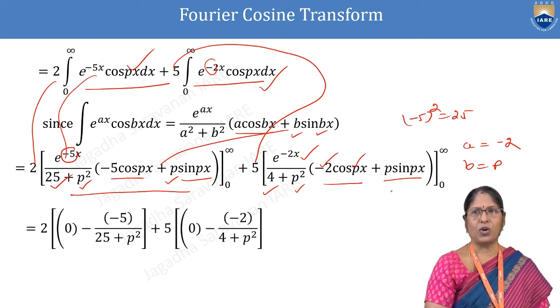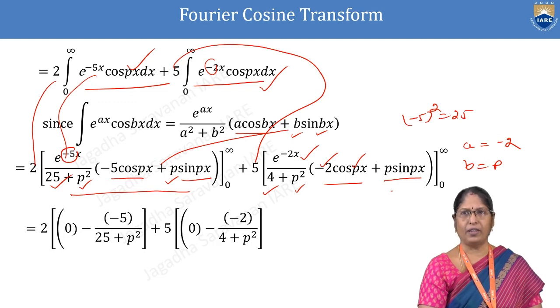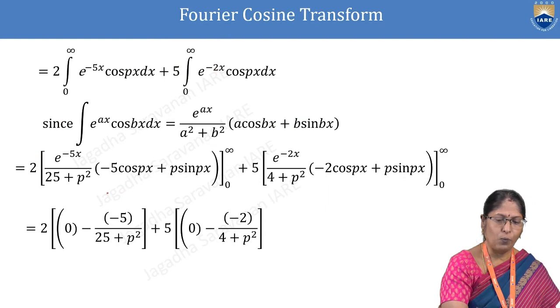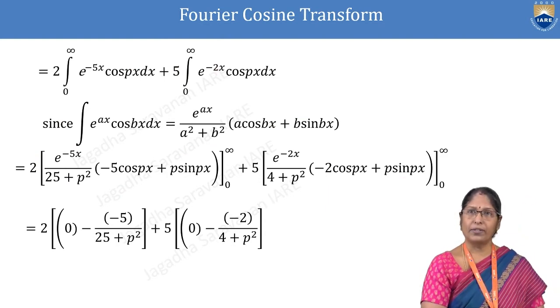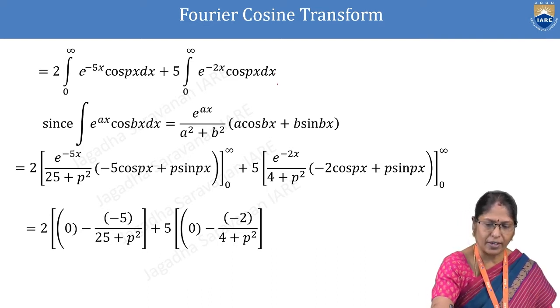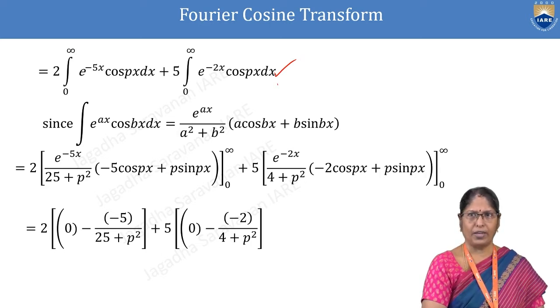Now we have to apply the limits. Upper one is infinity, the lower one is 0. In which place, p or x, do we substitute? Compulsorily in the place of x, because we did the integration with respect to x.